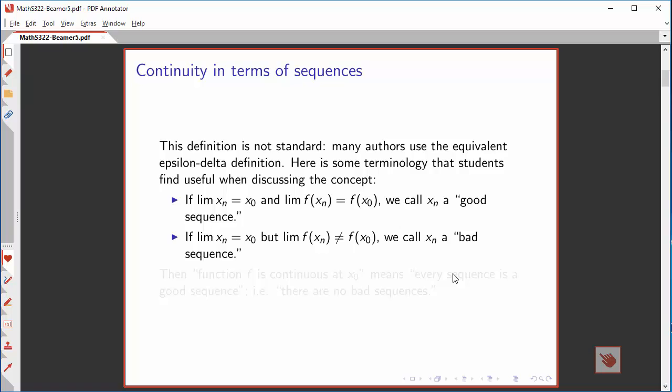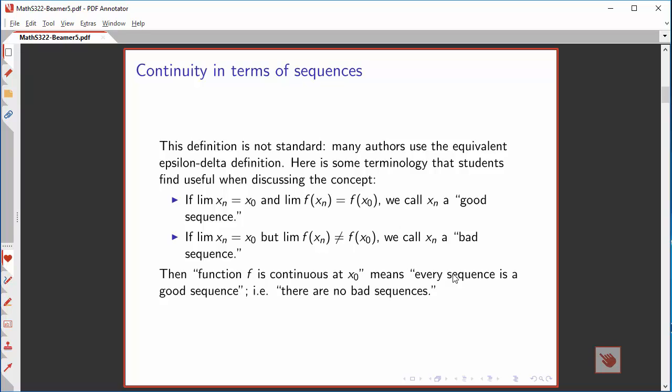I'm going to refer in that case to the sequence x sub n as a bad sequence. Once you've got these definitions, it's easy to define continuity. The statement function f is continuous at x naught means simply every sequence is a good sequence, or equivalently, there are no bad sequences.